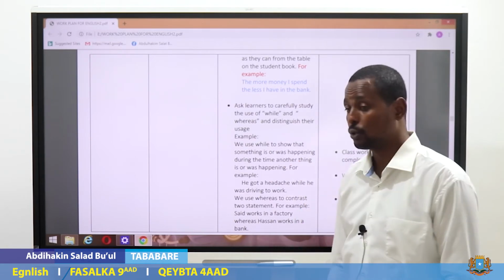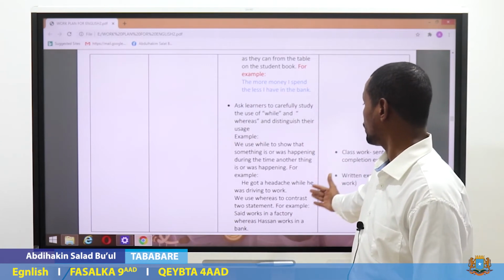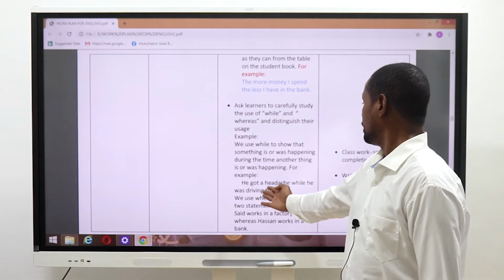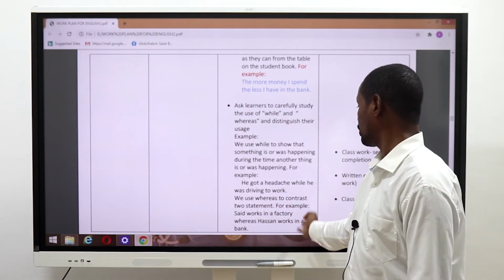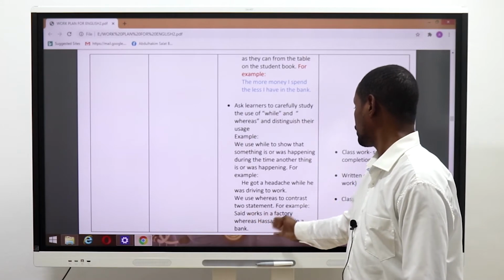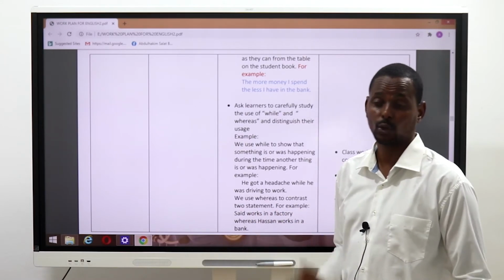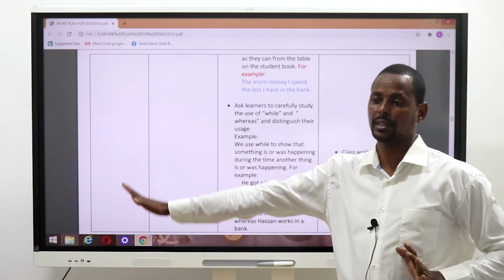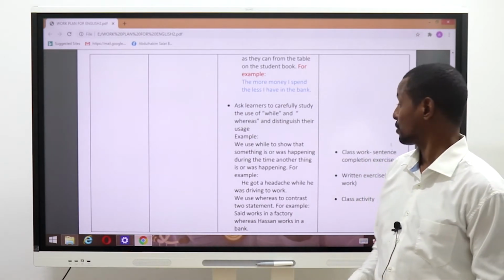Let them open the book, read the examples, and give them as many examples as you can, as the teacher. We use whereas to contrast two statements. For example, Saeed works in a factory, whereas Hassan works in a bank. Contrast: one is working in a bank, another one is working in a factory. We use whereas to show contrast.